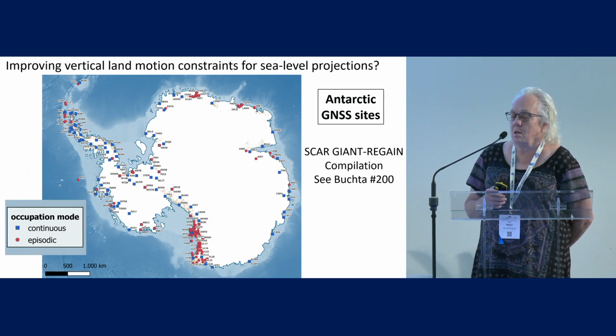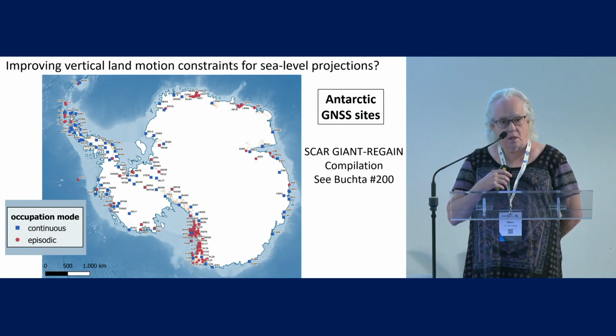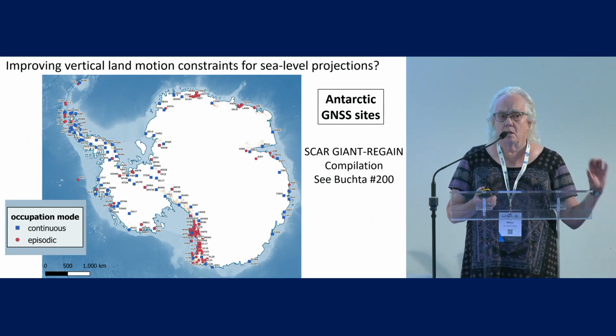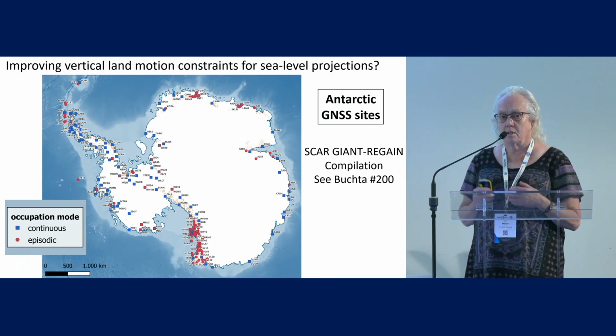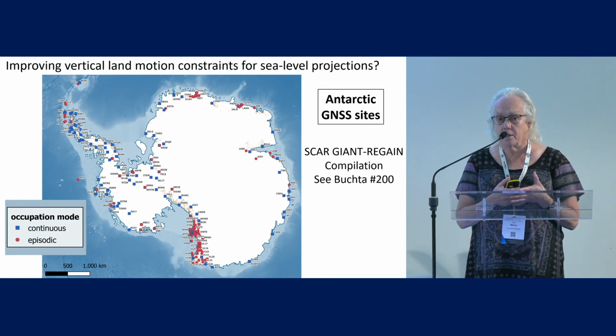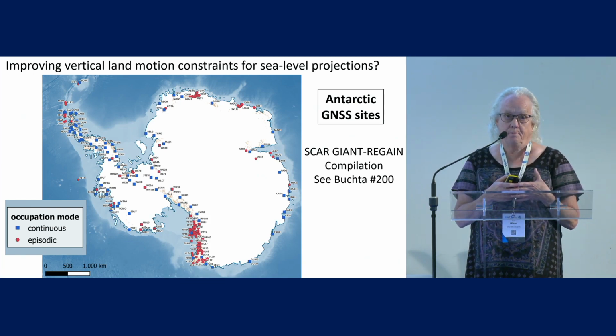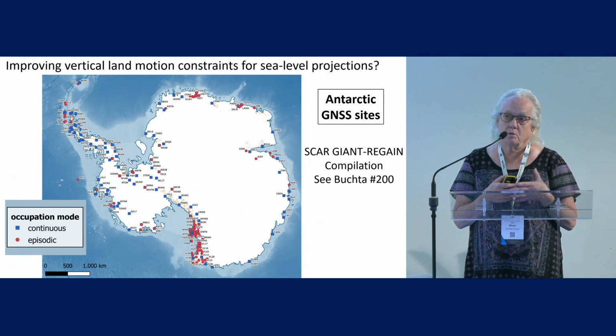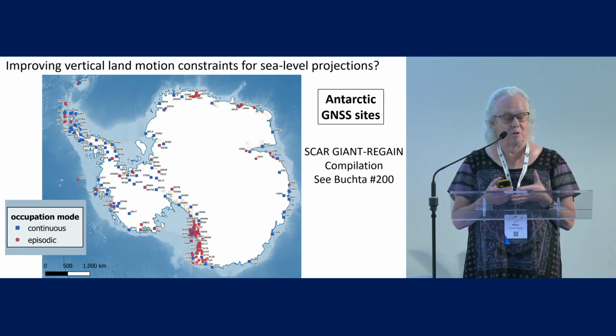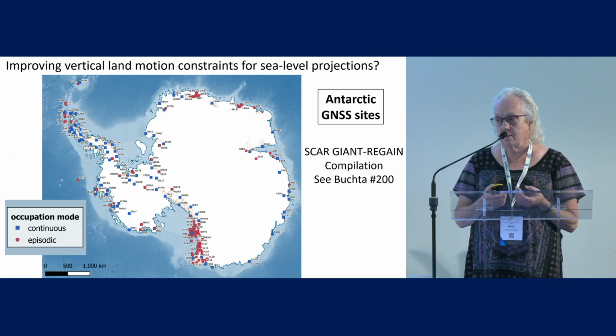Processing groups at Ohio State, where I am, Dresden, Tasmania, and Newcastle in the UK are doing a project to determine a combined solution that will provide vertical land motion with uncertainties to the community. That's our goal.